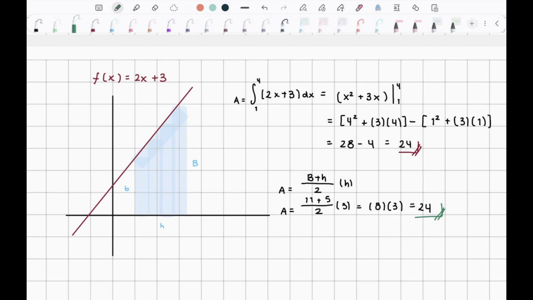But for example, there are integrals such as the square root of r squared minus x squared, which represents the area under a semicircle. So there are times when it is better to visualize the integral as an area than try to solve it with a definite integral, because then we will have to do a trigonometric substitution and a lot of other steps. So let's not lose sight of the fact that definite integrals, at least in one variable, represent areas.